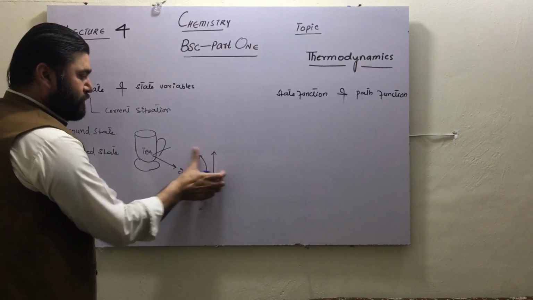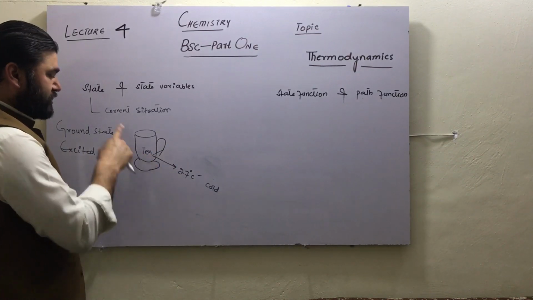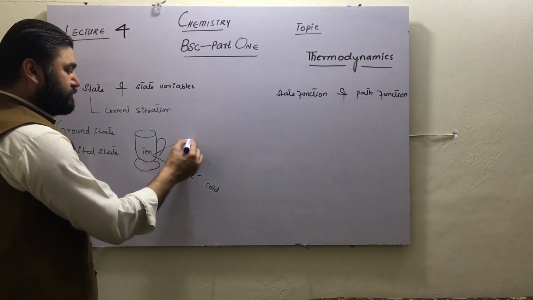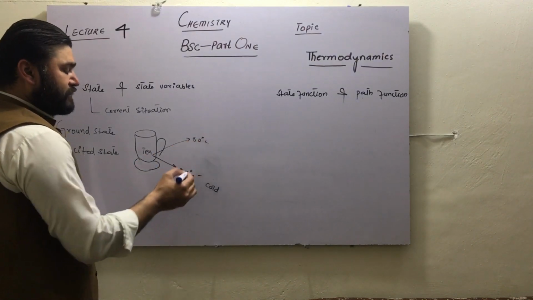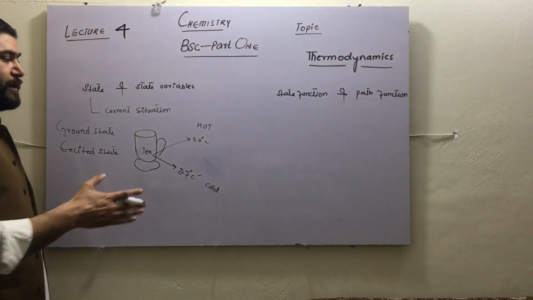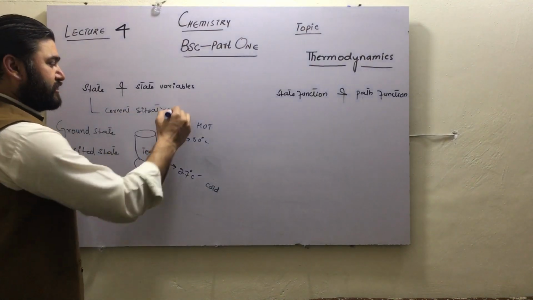If somebody asks you what is the current state of this tea, we can say it is in a cold state. But if we increase the temperature, we can say that it is in a hot state. So coldness and hotness depend upon the state. State is just the current situation, the current condition.